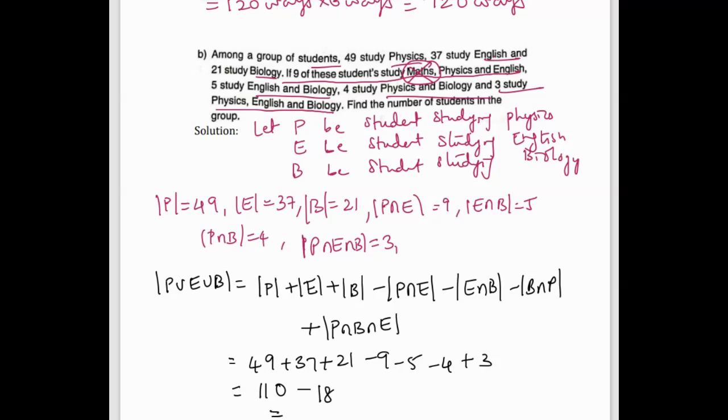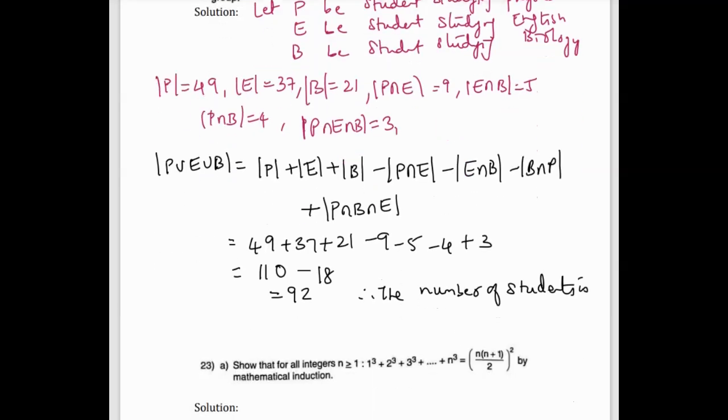So the answer will be 92. So how many total number of students? Therefore, the number of students in the group will be how much? It will be 92. Okay.